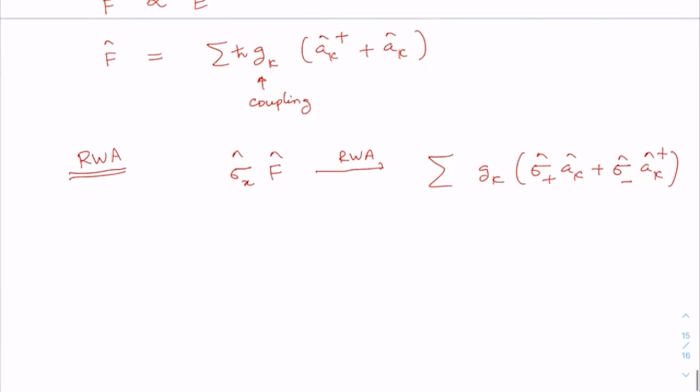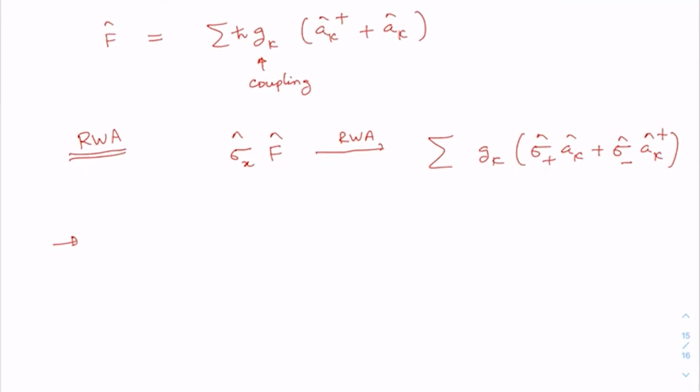Now, assuming the atom to be in the excited state, while the field is in the vacuum at time t equal to 0, we can write the combined system as the atom in the excited state |e> and the field in the vacuum state.